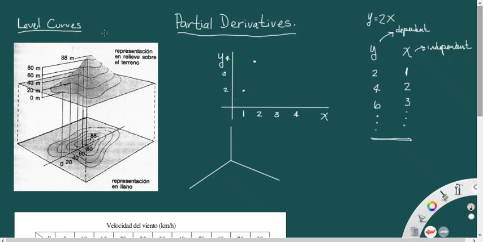And this is a very nice example to represent what the partial derivatives is about, because you have here, let me change the color here to black. Okay.